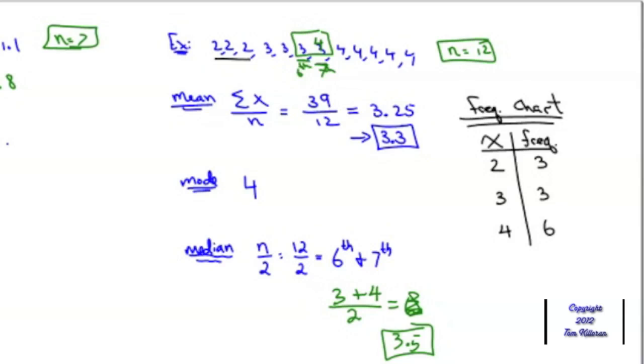And here, instead of 3 plus 3 plus 3, 3 times 3. And then instead of adding 4 six times, you would go 4 times 6. So to do the mean, the way you would set it up is this.